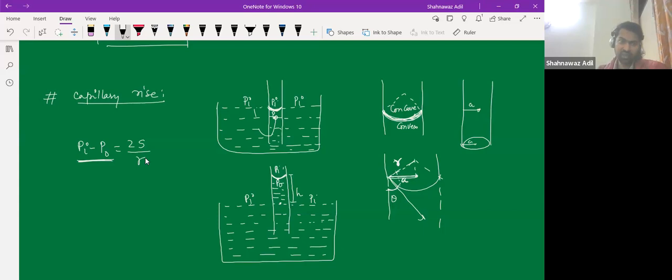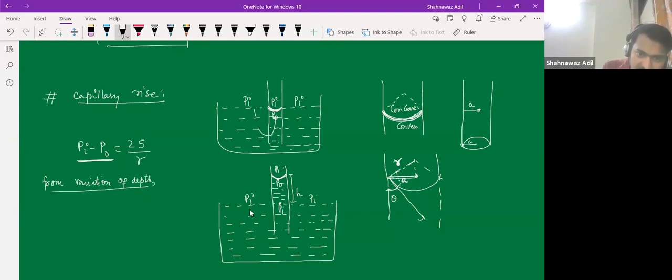Good. And we know this thing. And we also know that, let's say this is Pi, this is Po, and this is H. So from variation of depth, what do we know?